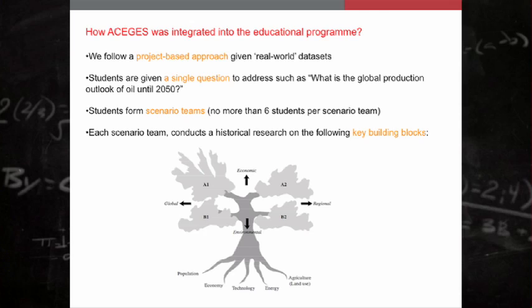Then the students form what we call scenario teams, made up of no more than 6 people. Using the scenario team, they try to address that simple question. Once the scenario teams are formed, the students start doing historical research. It is very important for them to understand the history and the present before they start looking into the future.